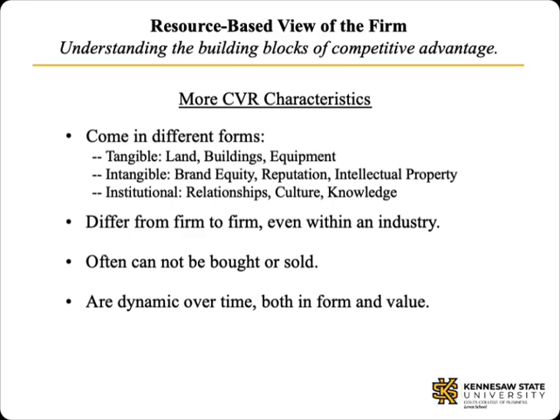Second, CVRs can differ from firm to firm, even within an industry. While it's obvious that each firm is unique, this point helps us to remember that there are multiple paths firms can take to be successful. For example, consider two car dealerships located near one another, both selling similar cars. One dealership offers high-touch service with lots of personal attention, a consultative approach to sales, and premium service operations.